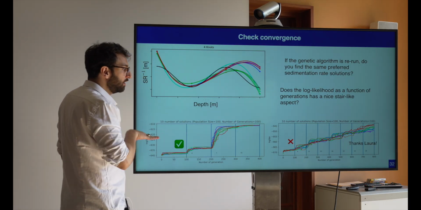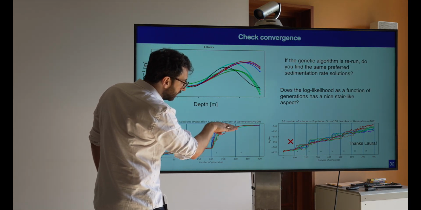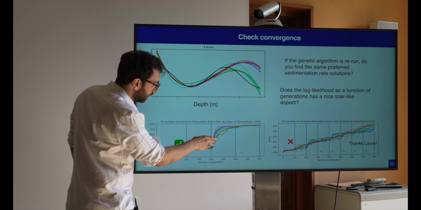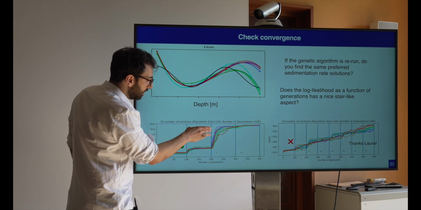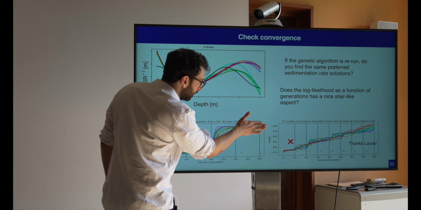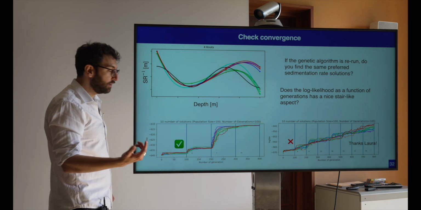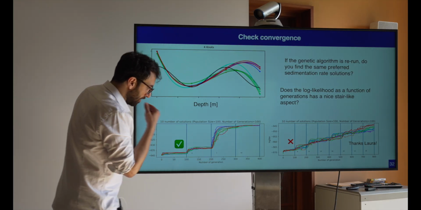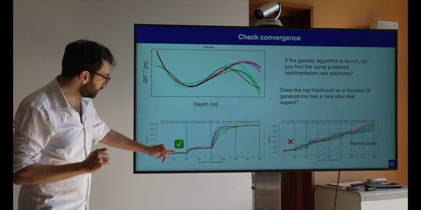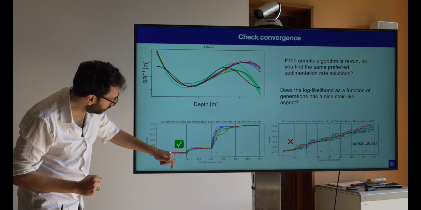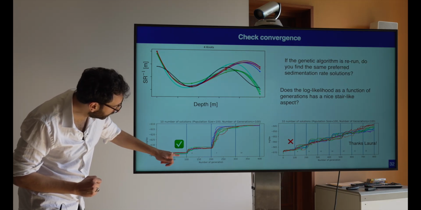This is an ideal case with synthetic data, so at some point, adding more nodes doesn't improve anymore. But in real cases, you will always have a small improvement. So really, what I'm talking about is, for a given number of nodes, before you move on to the next number, you want something that looks very, very still.